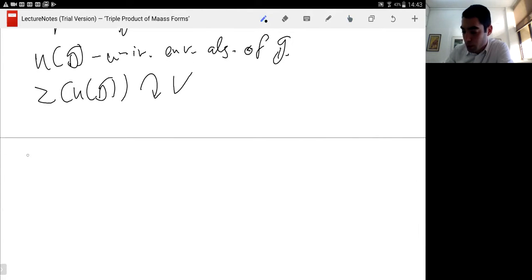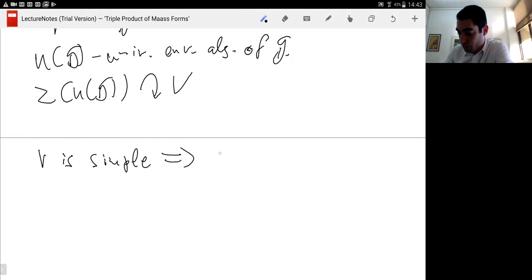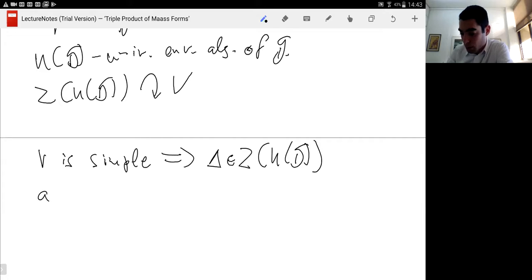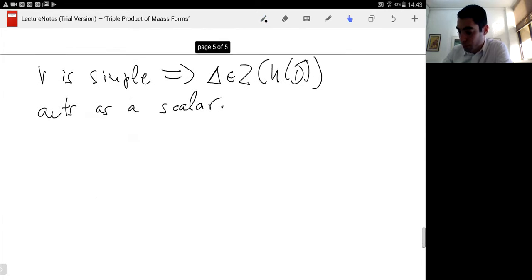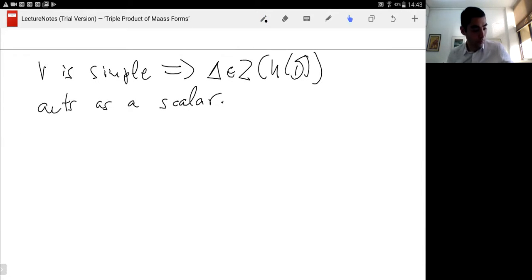So this in particular means that if V is simple, an element of the center acts as a scalar. And furthermore, it is true that a simple VK module is a simple UG module.